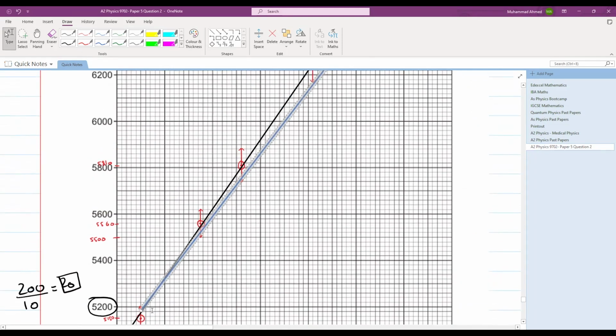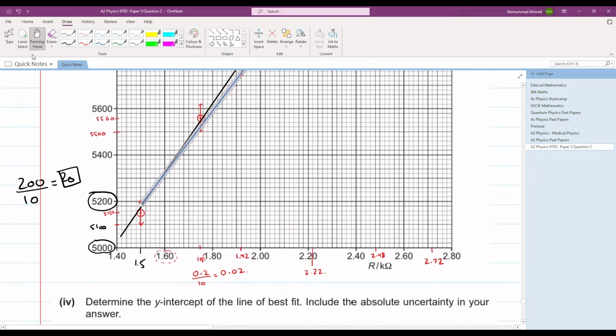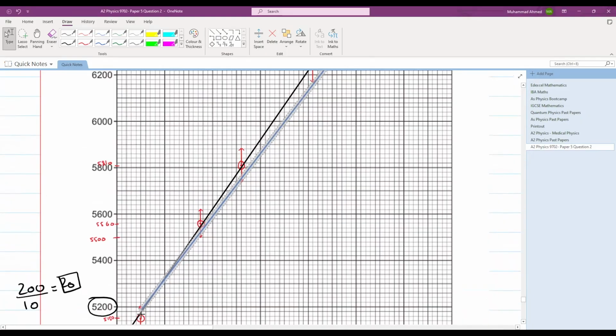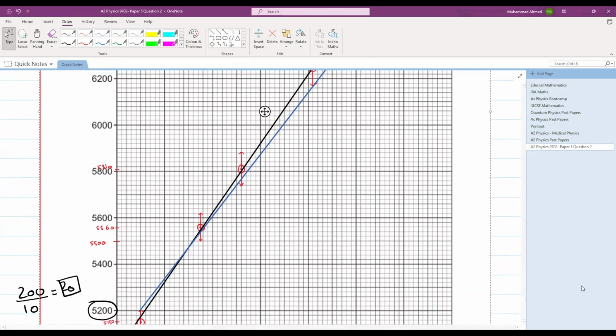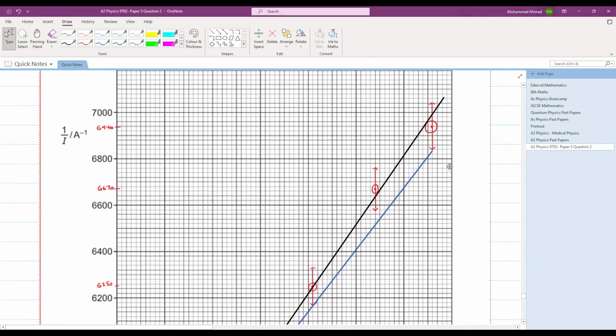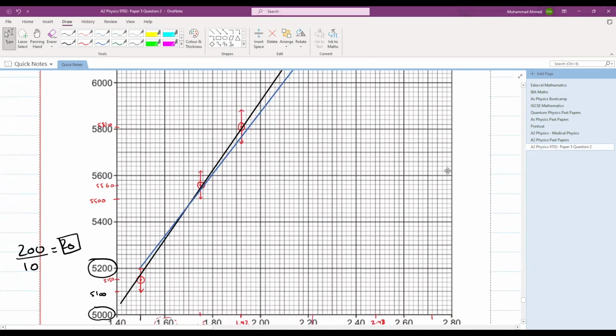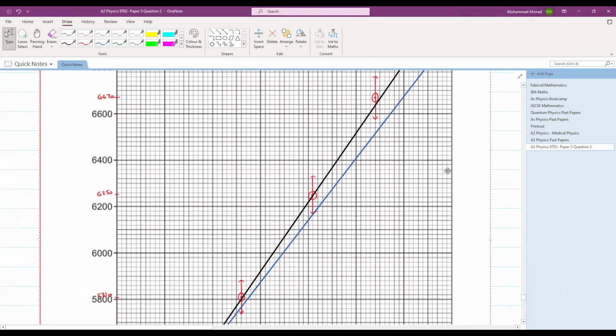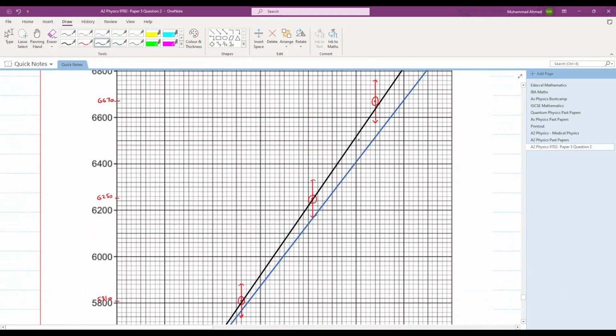How do you draw the shallowest worst fit line or shallowest worst acceptable line? You take the positive error bar of the first point like this, and you take the negative error bar of the last point. This is how you draw the shallowest possible line or the shallowest worst fit line.